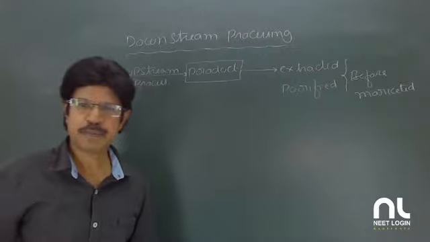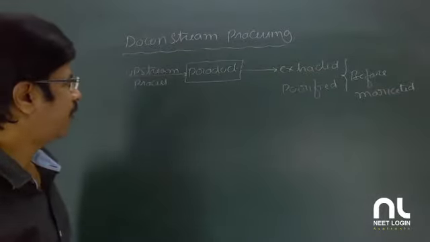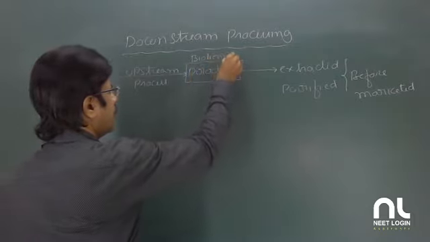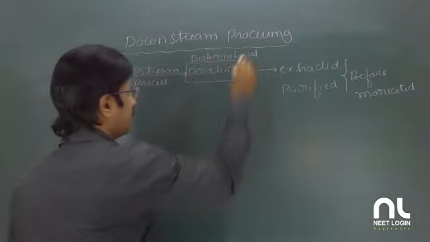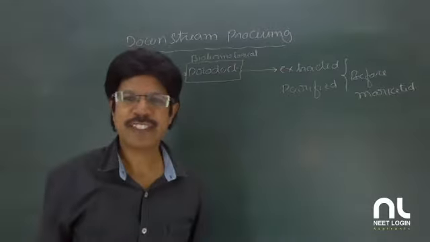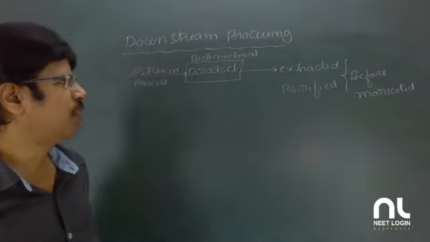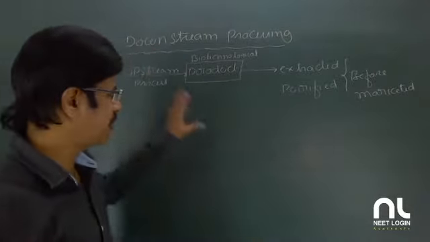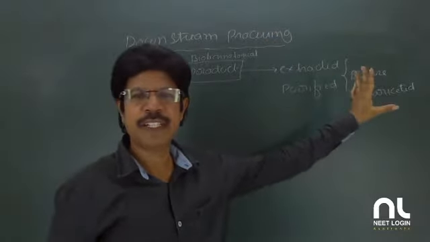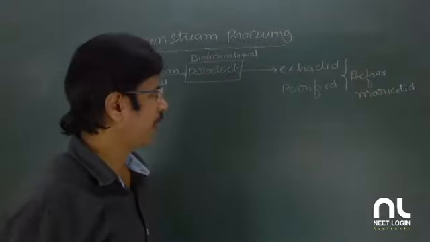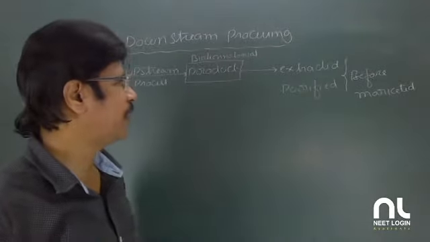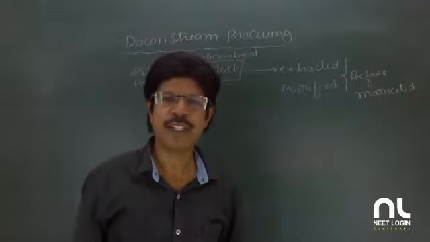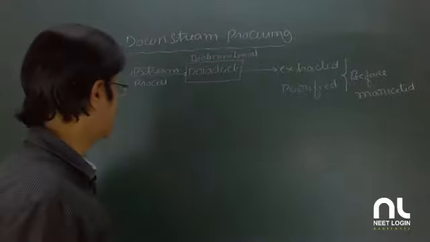After the biotechnological product has been obtained, extraction and purification, collectively what do you call it? Downstream processing. So it is upstream processing and downstream processing. Extraction and purification of the biotechnological product before it is marketed, collectively, is called downstream processing.